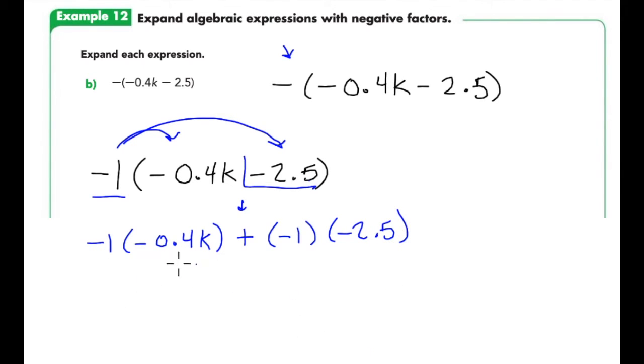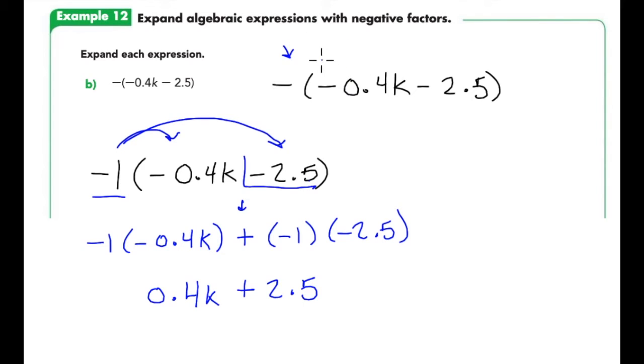So we have negative times negative in this first part. That's going to become 4/10 k. And then we have negative times negative, which becomes a positive 2 5/10. So this got rewritten as 4/10 k plus 2 5/10.